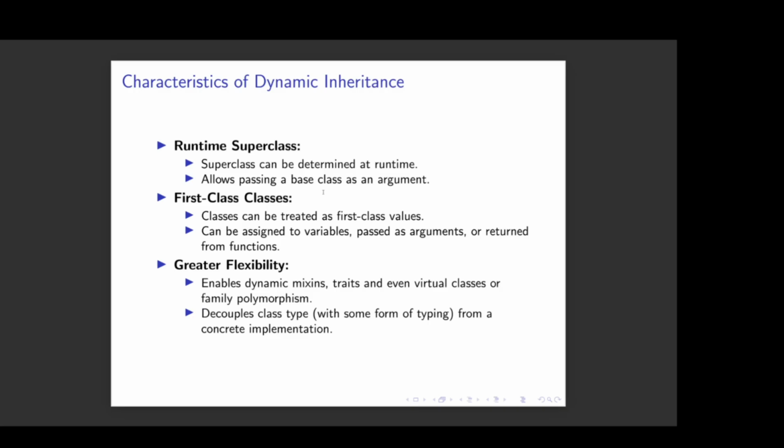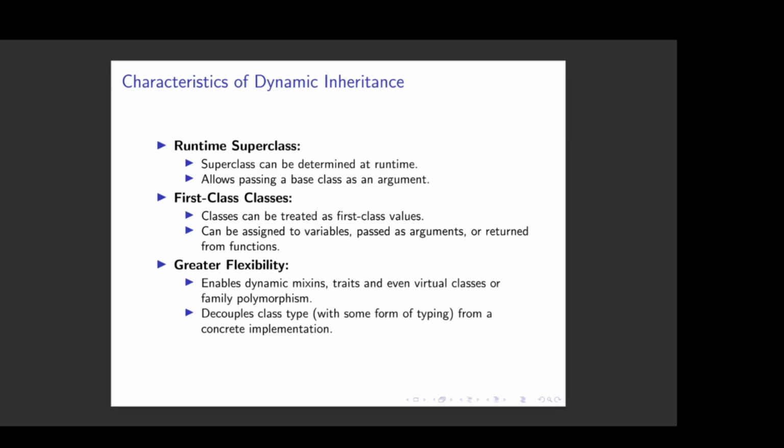Another interesting point is that when you have this flexibility, you get this notion of first class classes. In traditional languages like Java, C#, and so on, classes are second class. You cannot pass a class as an argument, and you cannot return a class from a method or a function. But when you have dynamic inheritance, typically you also have first class classes.